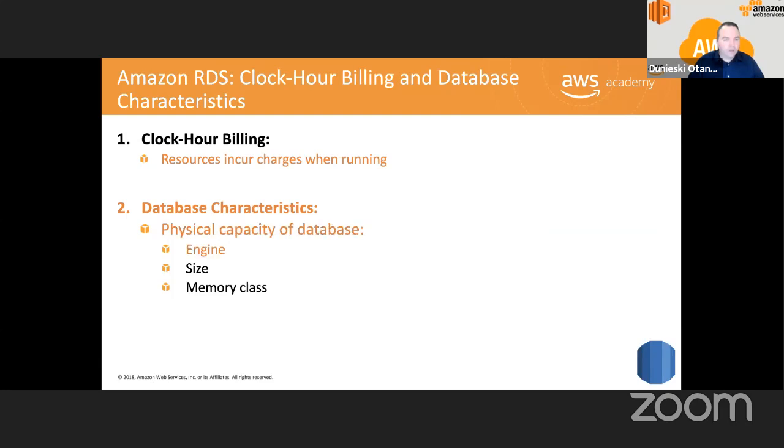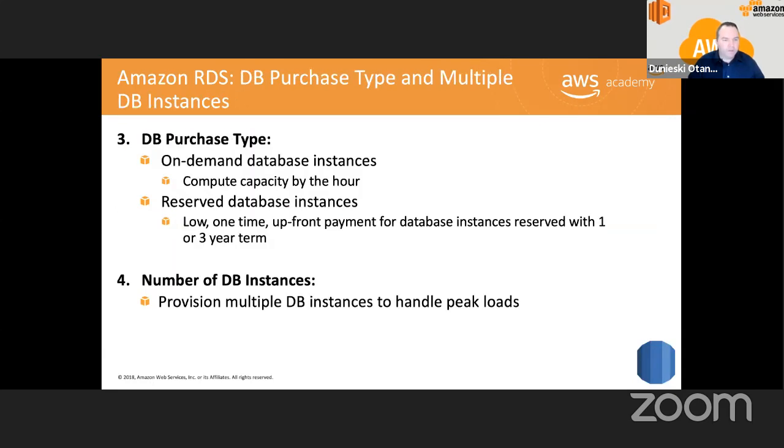So those are factors that will influence the cost of the database. Also the DB purchase type. If it is on demand, you pay for database instance compute capacity by the hour. Just like we have EC2 instances that are on demand, we have database purchases that are on demand too, right?